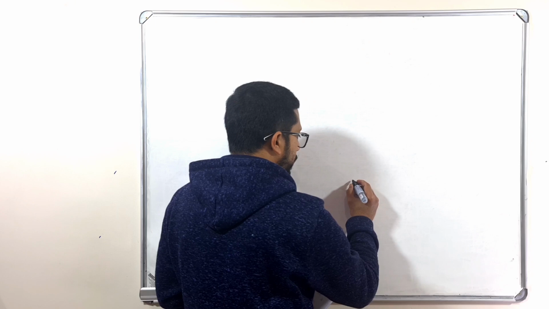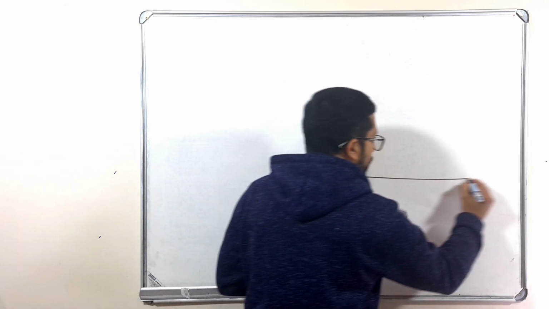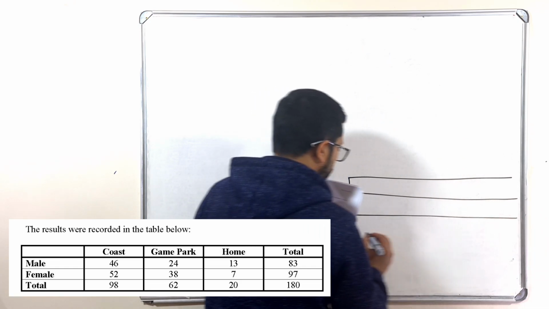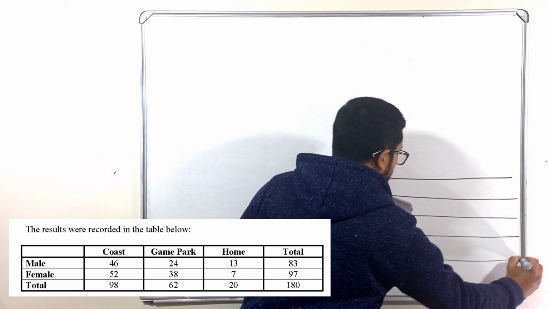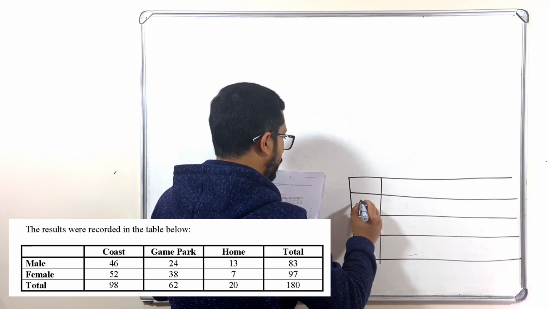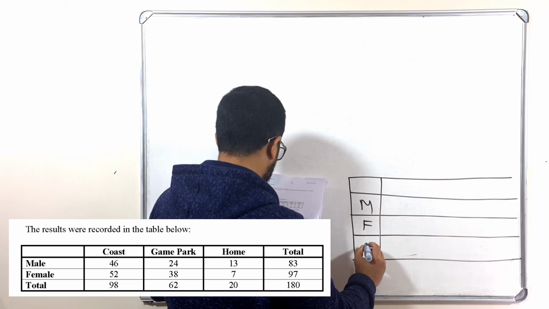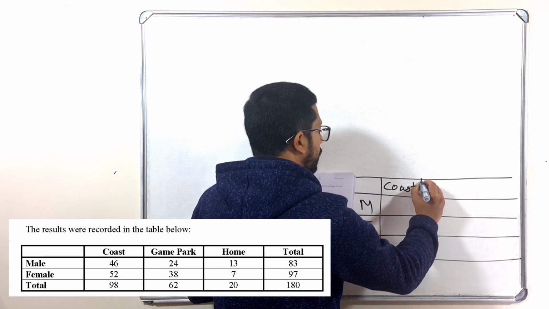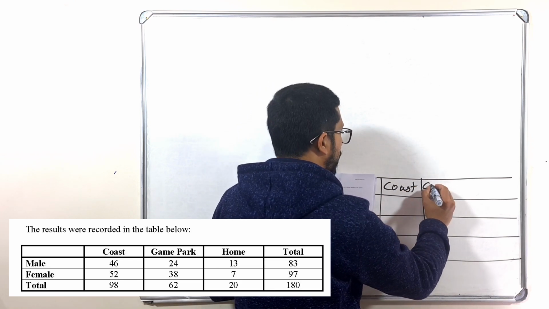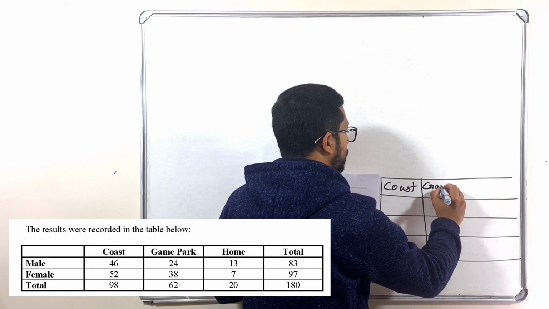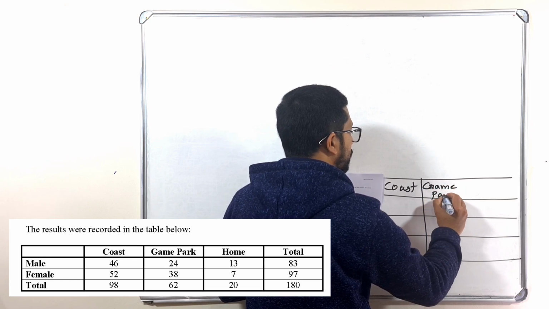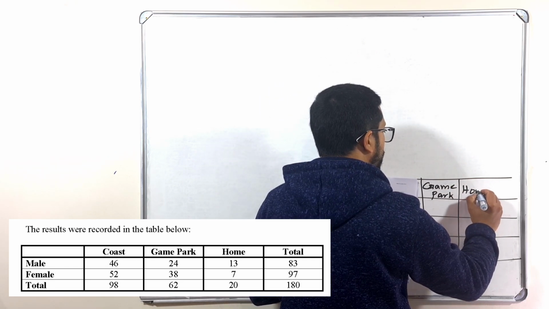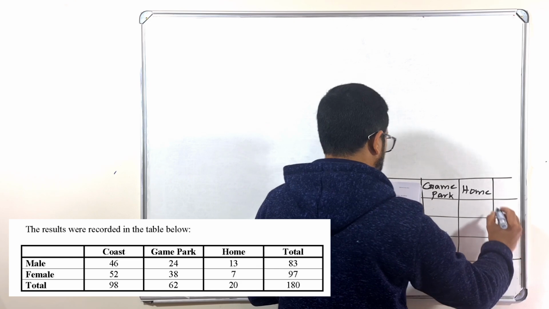Before I continue, let me quickly draw that table here. Male, female, total; coastal area, game park, then home, and the last one is total.